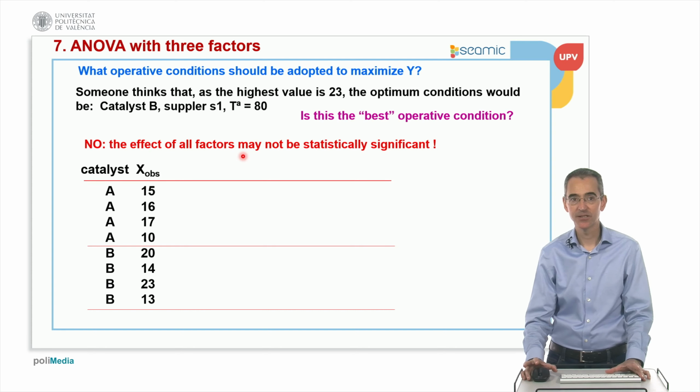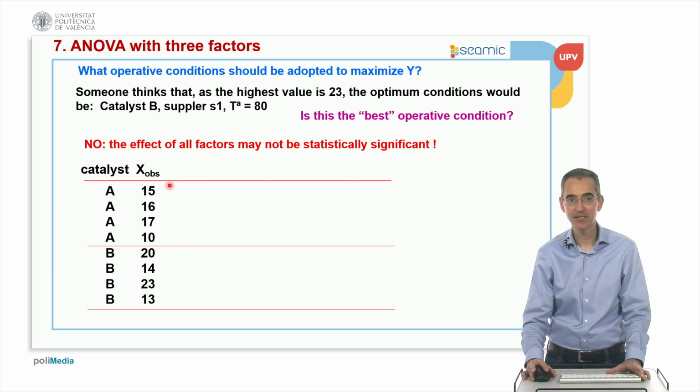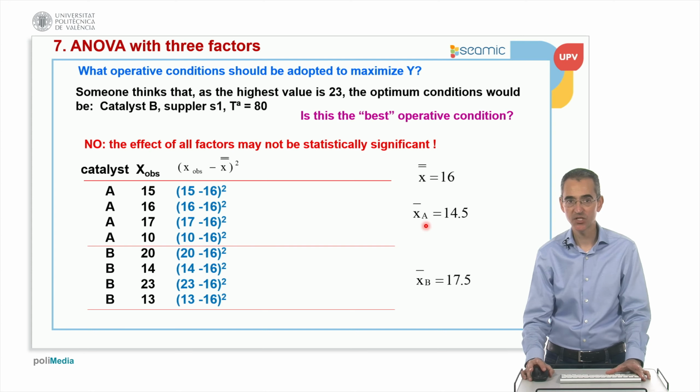Okay, so let's go. Then these are the data obtained with the first catalyst and the second catalyst. Then the average is the best prediction. So we put first observed value minus the grand mean squared. If we sum these values, we have the total sum of squares.